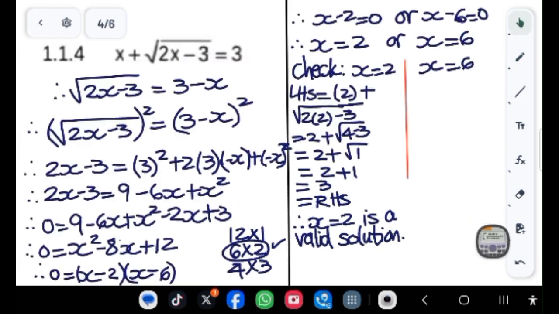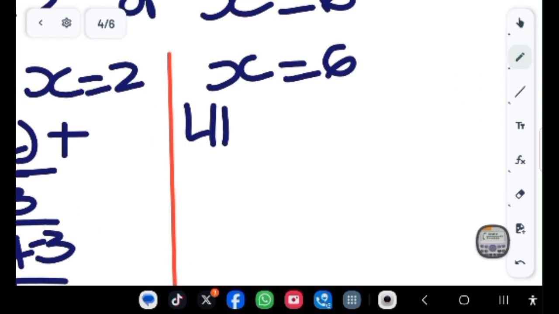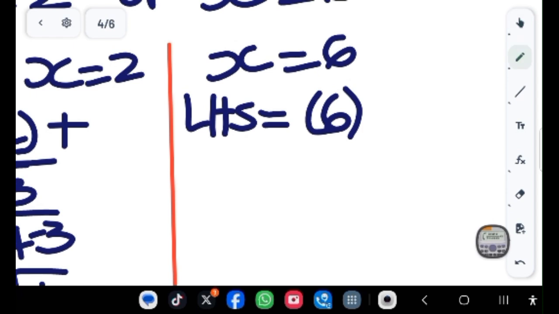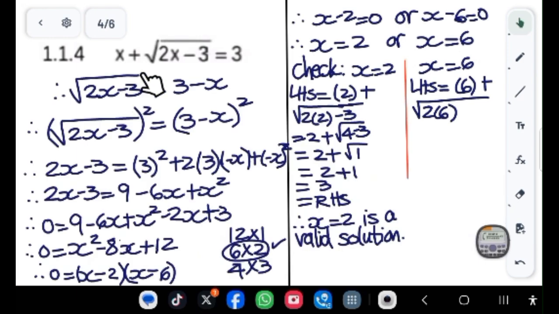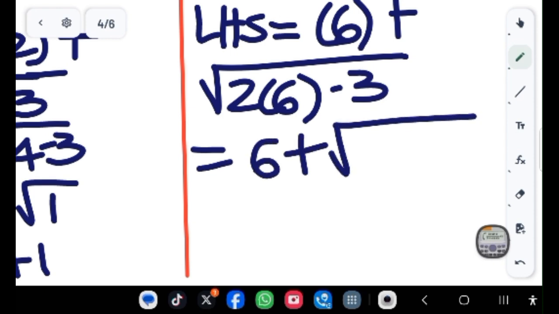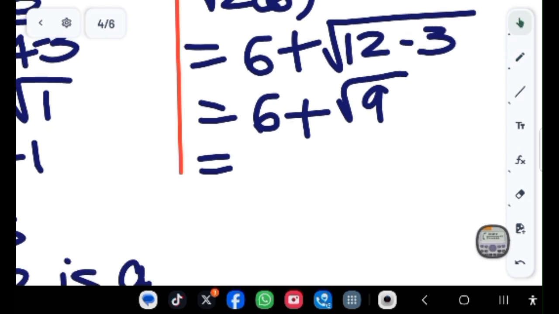Now, let's check the other one exactly the same way. Substitute wherever there is x, we put 6. Left hand side equals 6 plus the square root of 2 times 6 minus 3, which is equals to 6 plus the square root of 12 minus 3, which is equals to 6 plus the square root of 9.